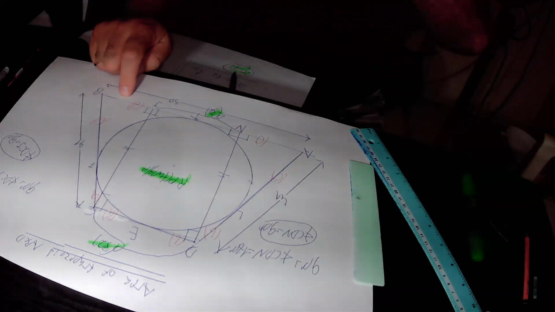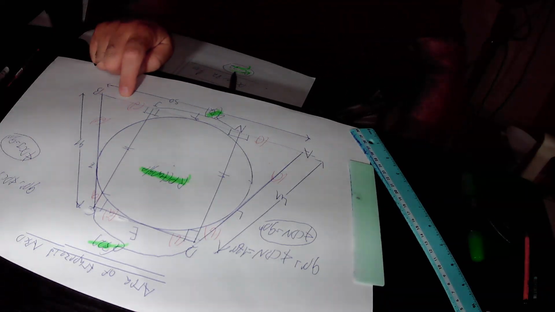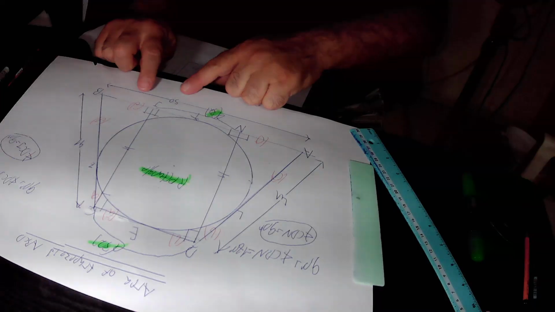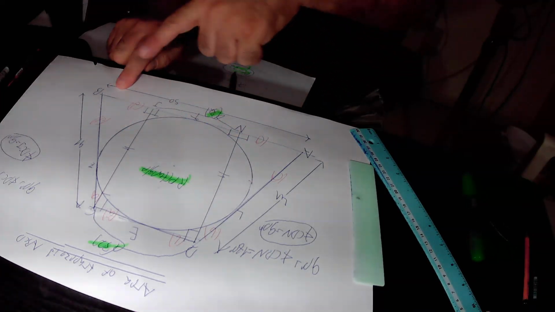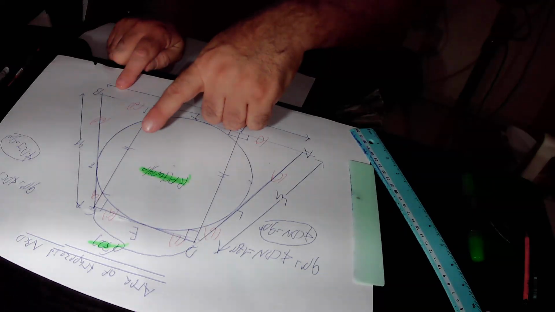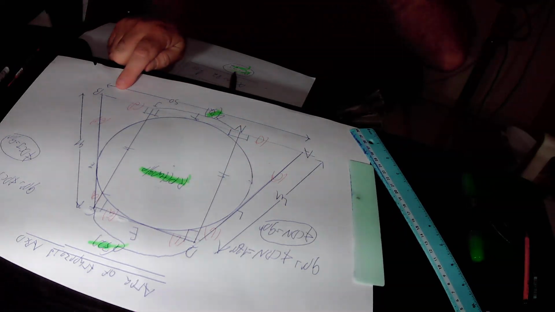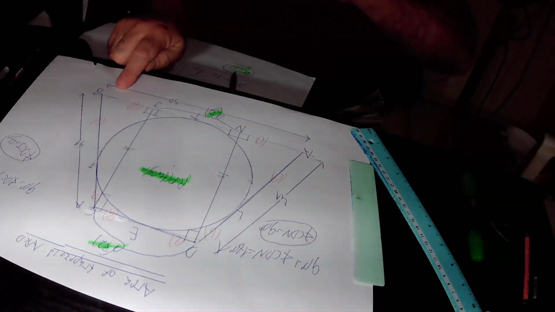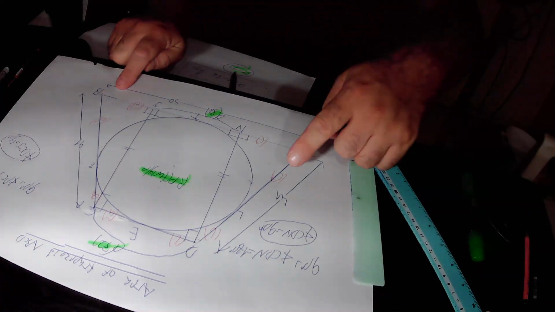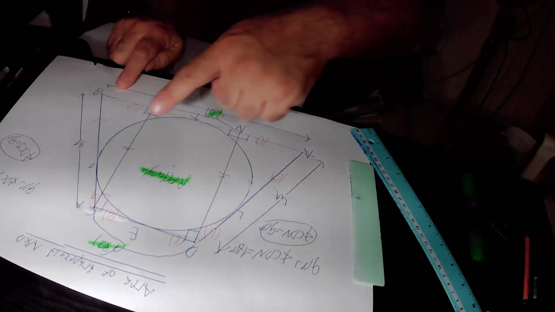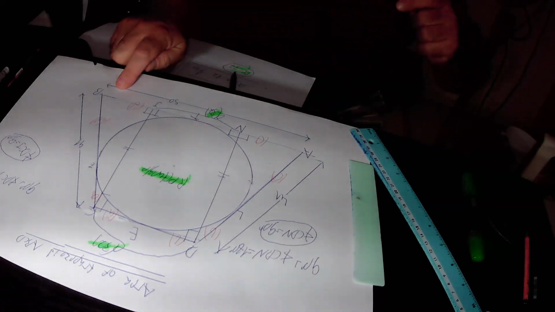Why? Because the first side JB equals CB squared minus CJ squared, and CB equals DA and CJ equals DN.